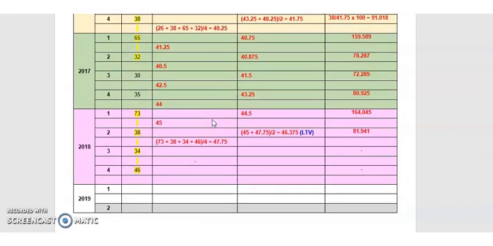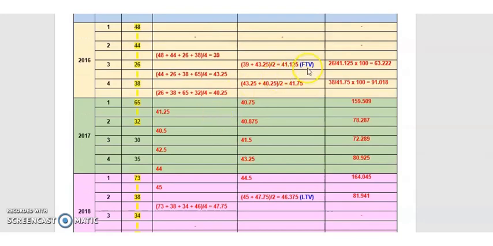Go back to the first table here. Our first trend value is 41.125. Last trend value is 46.375. So the number of trend values is 1, 2, 3, 4, 5, 6, 7, 8.